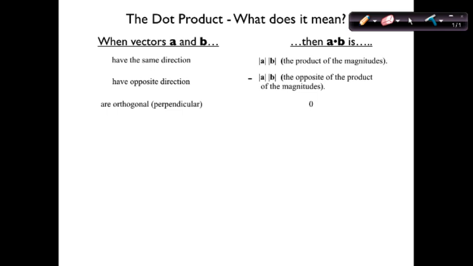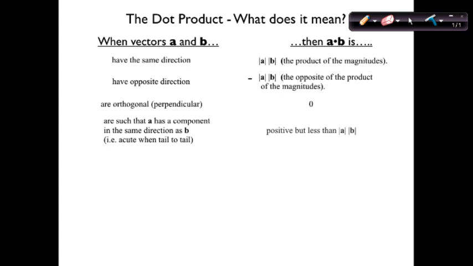So how did the dot product compare to the product of the magnitudes? Less than, right? Did you see that? If one has a component in the direction of the other, like they're acute, then you get a positive dot product, but less than the product of the magnitudes.